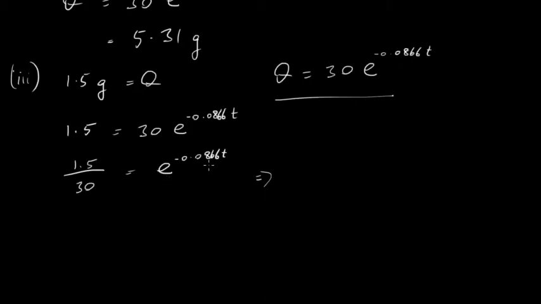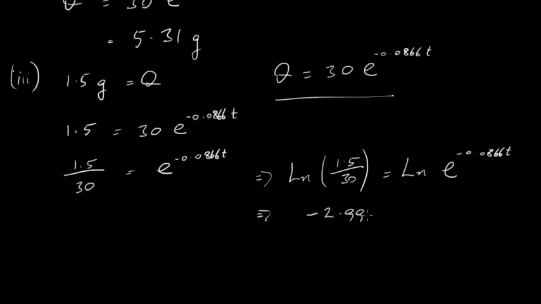Again, I get the natural log of both sides, so we're just going to get ln of 1.5 over 30 on the left hand side, and again we're going to get the log of e to the power of minus 0.0866 t. Now on the left hand side you can work this out on your calculator again, so this is just going to become minus 2.9957 to 4 decimal places.